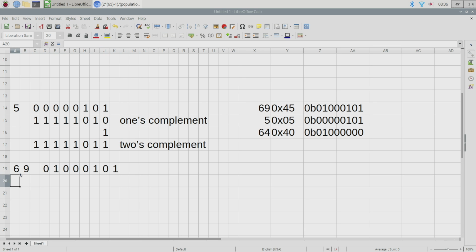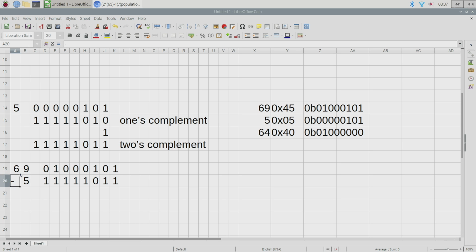And then this negative 5. What was this other number that I got? 1, 1, 1, 1, 1, 0, 1, 1. So I've got the number 69 and the number negative 5.